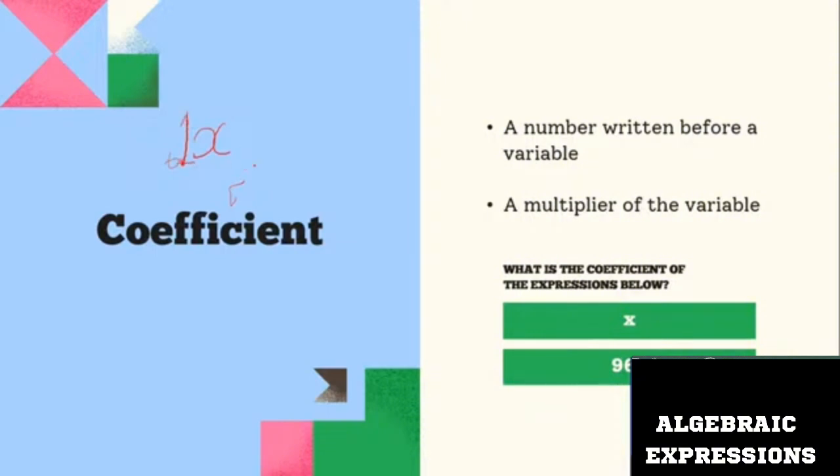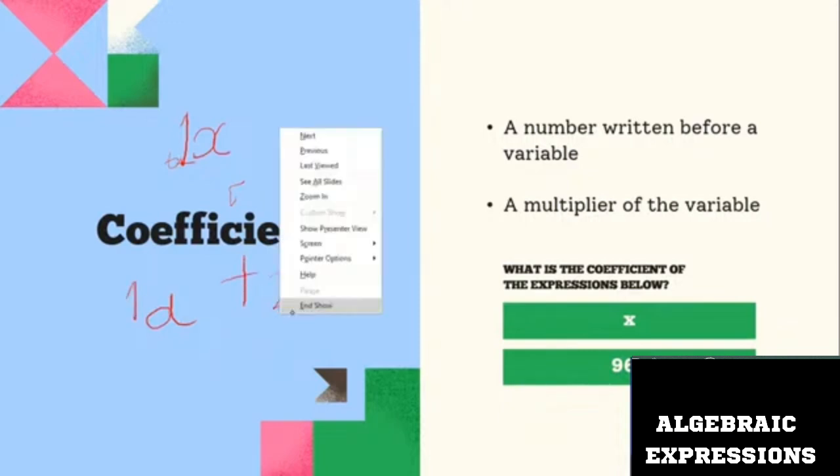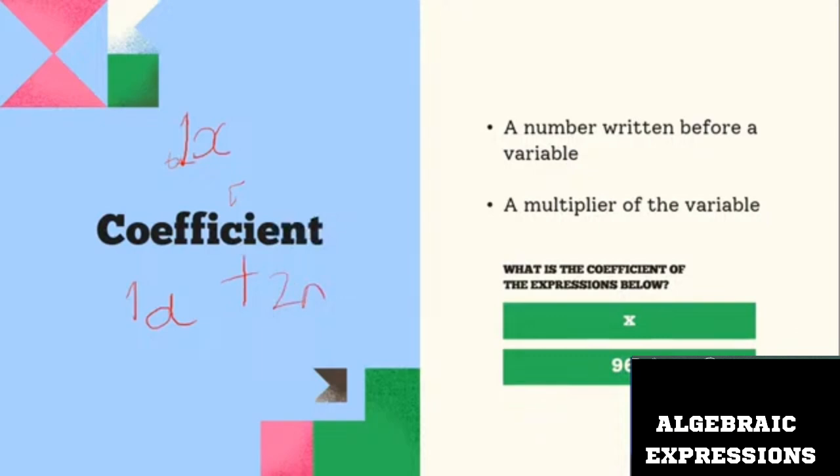So for example, let's say you just get a problem like a plus maybe 2n. In this one, the implied coefficient is 1, and here the coefficient is written, it's 2.